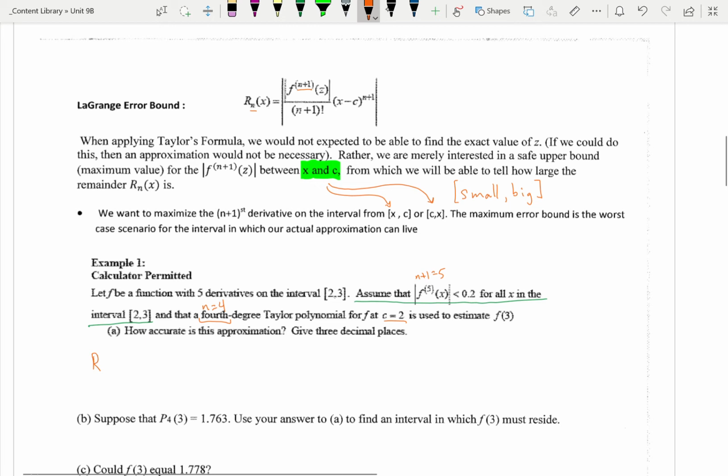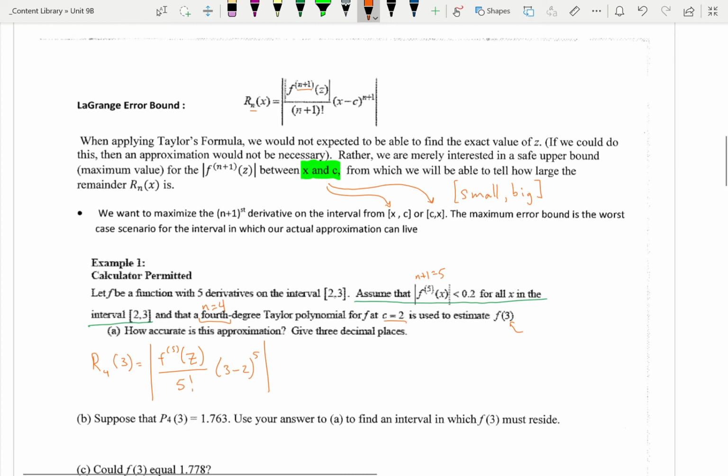So our error of our fourth degree Taylor polynomial, evaluated at x equals 3, is going to be equal to, well, according to our formula up there, the fifth derivative of f evaluated at some mystery value z divided by n plus 1 factorial, which is 5 factorial, times x, which again is 3, minus c, which was given to be 2, and then n plus 1 is 5, so we put that in there. Notice that that's 100% equal.